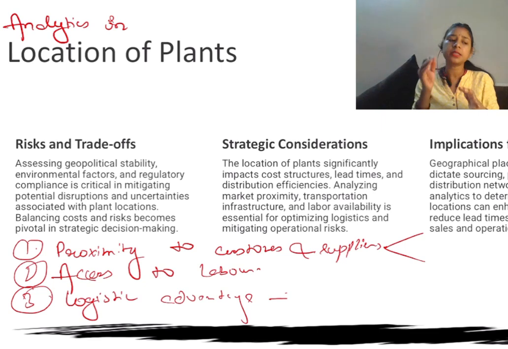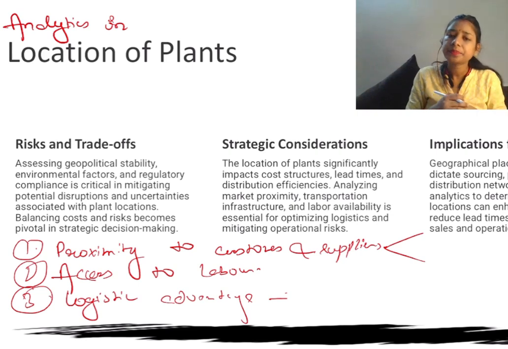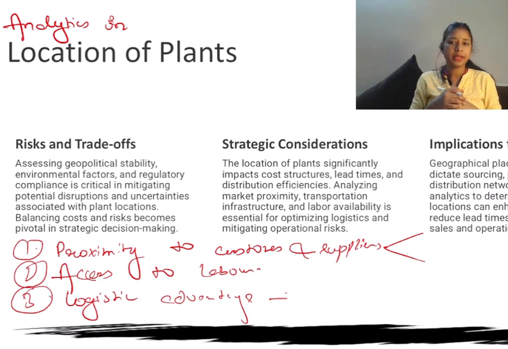Also, the local transportation hub should be there. Proper infrastructure should be there. The local government policies and taxes should be in favor of the business. Only then should that location be selected for the manufacturing plant.